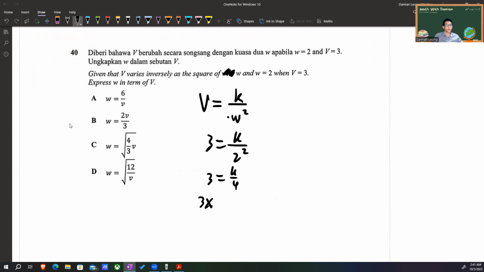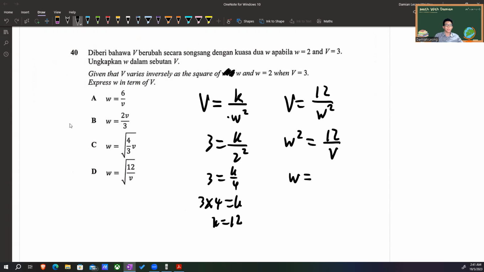Bring over the 4, divide opposite times. K is 12. Means V is 12 over W square. But what I want is W in terms of V. So bring up the W square, bring over the V: 12 over V. And square opposite square roots. Yeah. So W is square root of 12 over V. Answer D. That's it.